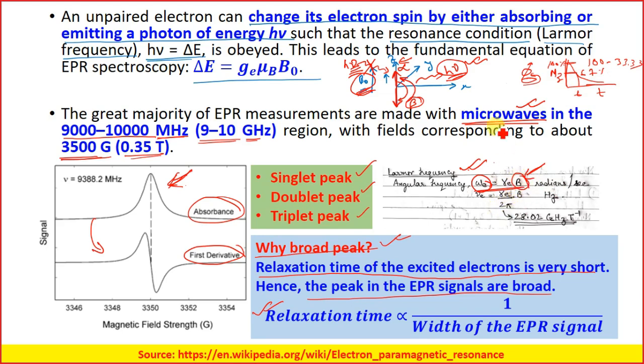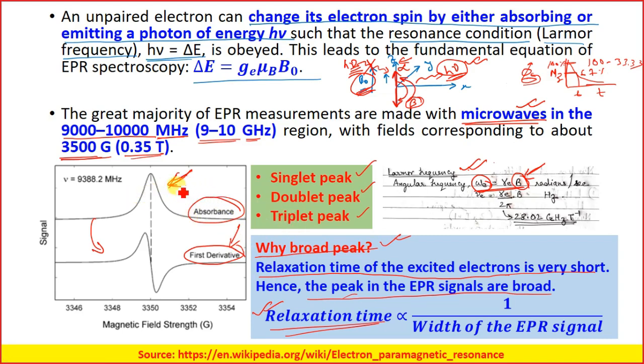So for electrons, the relaxation time is very fast, and since it is very fast, the peak you observe is a broad peak. To compensate for that, the first derivative is applied.